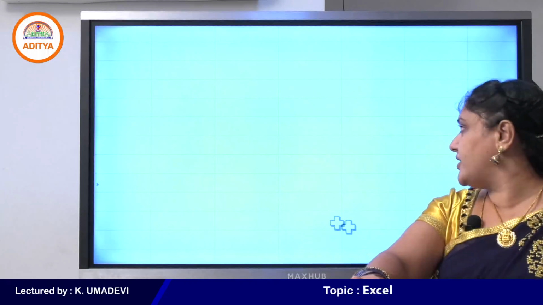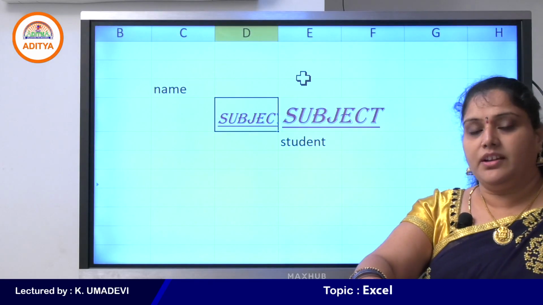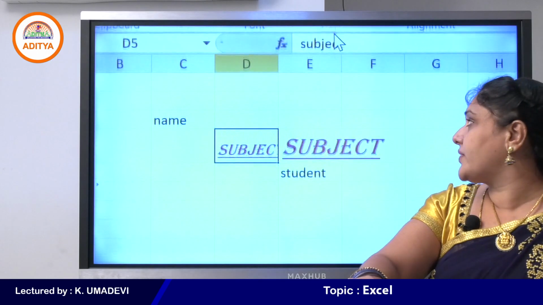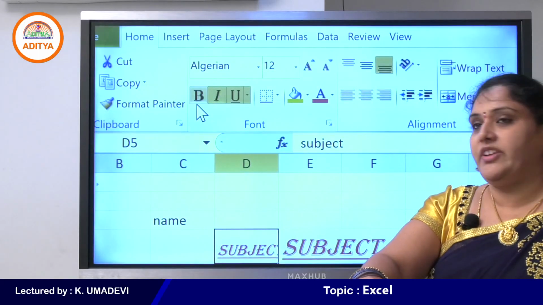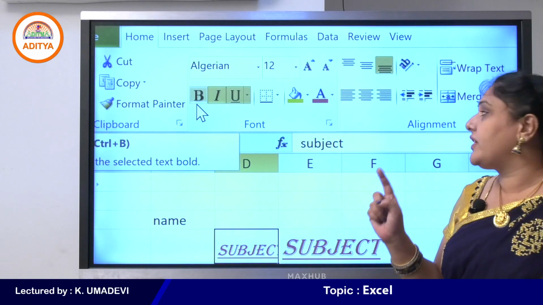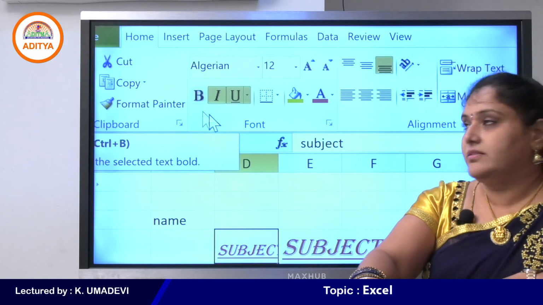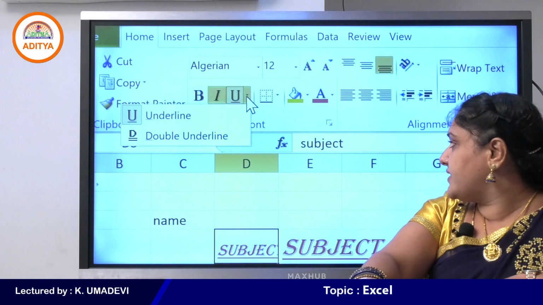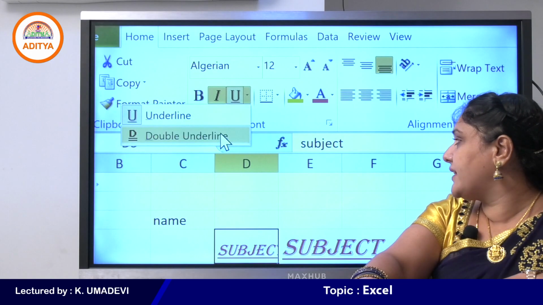Observe the screen, students. So like this we can increase or decrease the font size of the selected text. We can apply the formatting styles, that is bold, italic and underline, and we have so many underline styles here, underline and double underline.